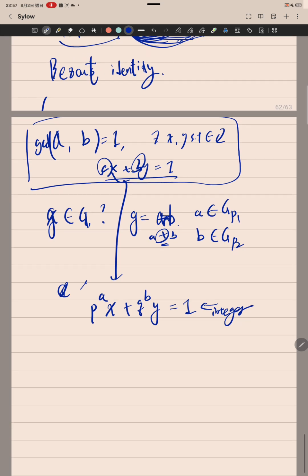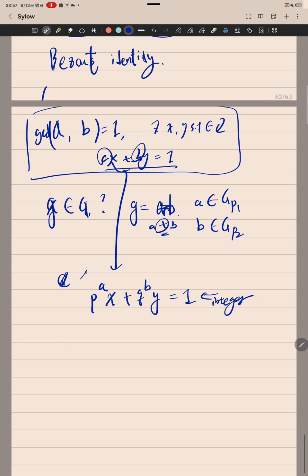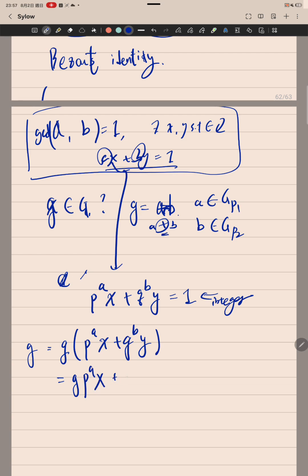So if I take an element g here, I can write g as P to the A x times g plus Q to the B y times g. Okay, so I separate it into two parts, P^A x g plus Q^B y g.